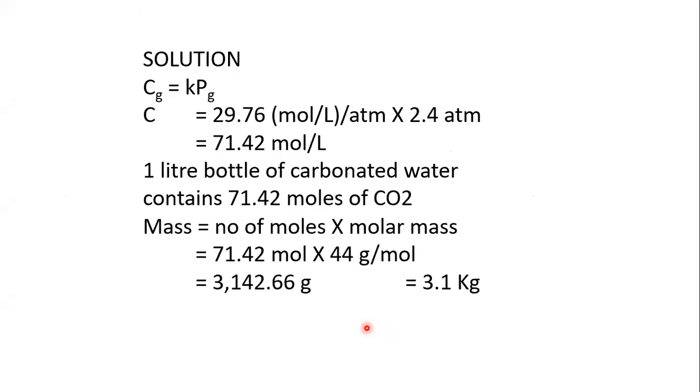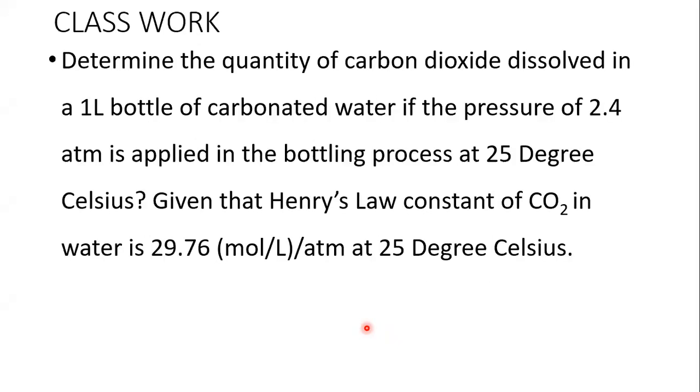Because what you have here is the Henry's law constant of CO2 and not the pressure. So that's why you cannot say 2.4, which is the Henry's law constant, divided by K.